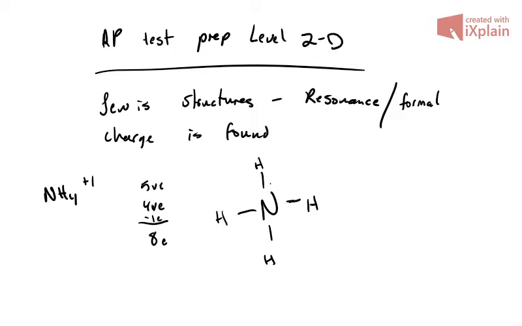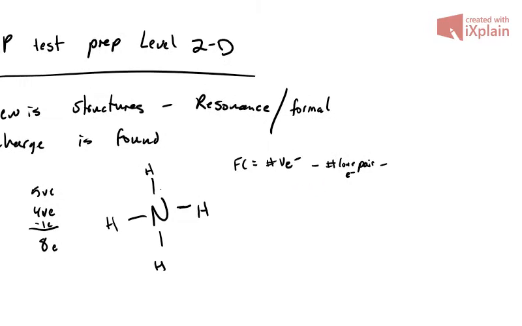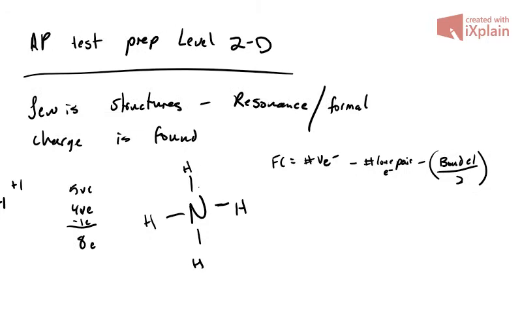The equation goes: formal charge is equal to the number of valence electrons minus the number of non-bonding or lone pair electrons, and then also minus the bonded electrons divided by 2.